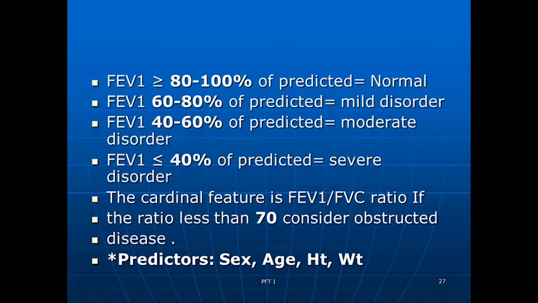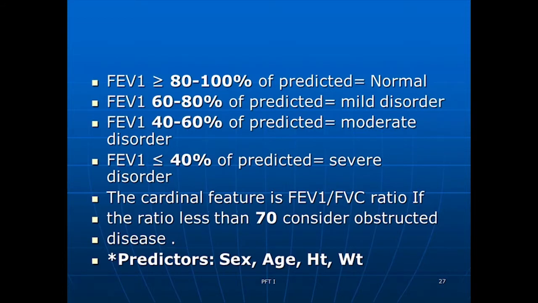And if it's less than 40%, there's a severe disorder. So again, if your FEV1, which is volume, is less than 80%, it's giving us an indication that there's a problem with the lungs. So the cardinal feature is the FEV1 FVC ratio, and if it's less than, and we're saying 80, not 70, 80 is considered an obstructive disease.